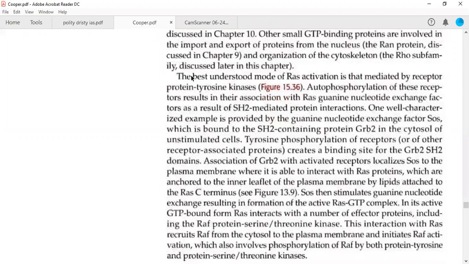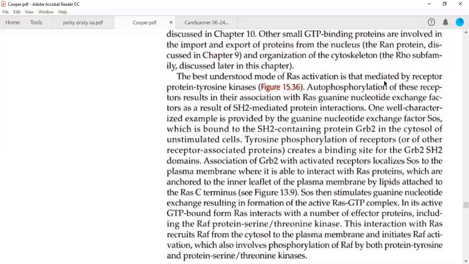Now, the best understood mode of RAS activation, as we know, is mediated by receptor protein tyrosine kinases, though we also know that they will be activated in response to GPCRs. But because most of the research is done in this particular domain, we know more about this.